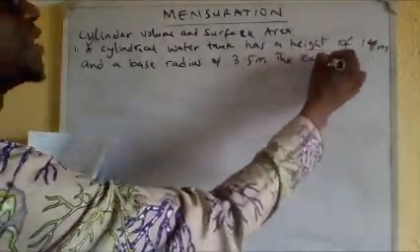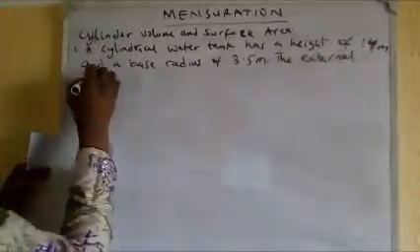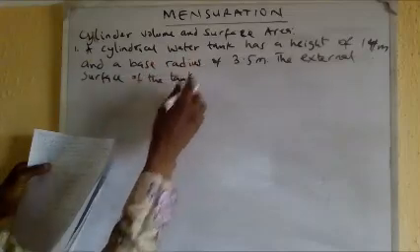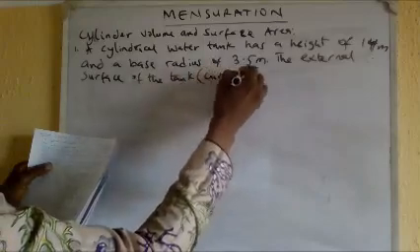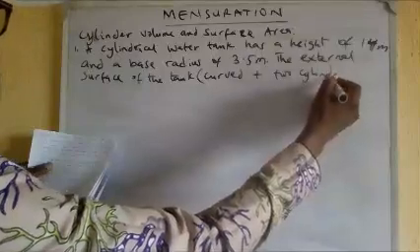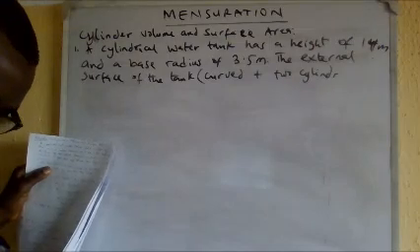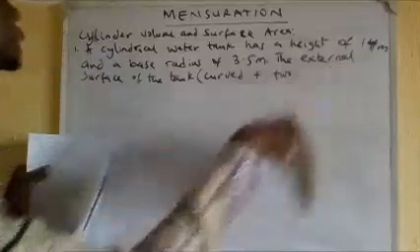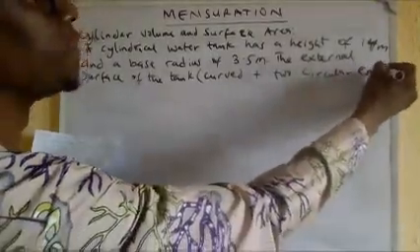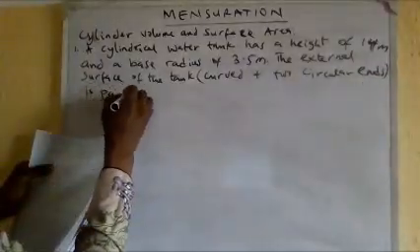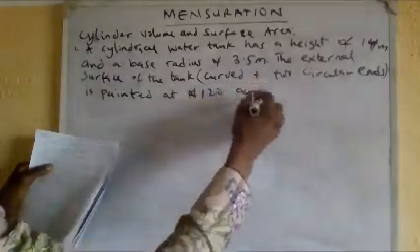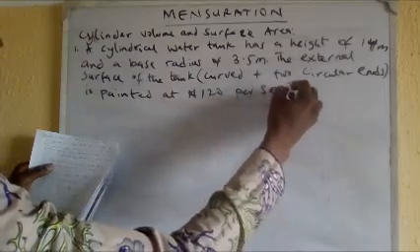The external surface of the tank, in brackets, the curved surface plus 2 circular ends, is painted at 120 naira per square meter.